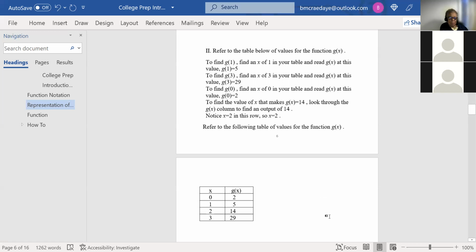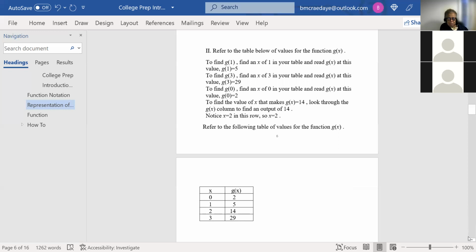All right. Now, G of 1, find X of 1 in your table and read the G of X. So if you find X of 1, then the G of 1 is 5. G of 3 is 29. So we went through that. If G of X is 14, then we go across here and the X is 2.